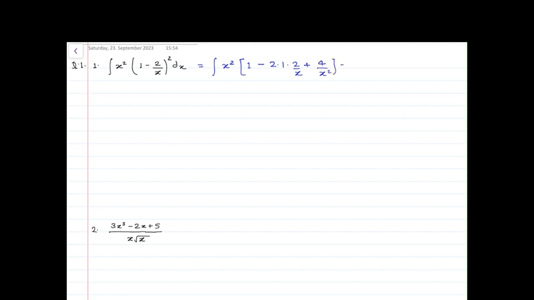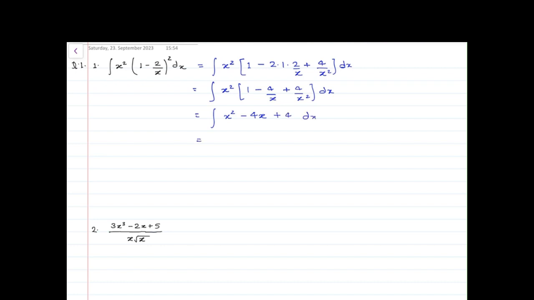So we need to multiply this, x square multiplied by 1 minus 4 upon x plus 4 upon x square into dx. If you open the bracket, it's x square. Now here you will get minus 4x because x square and x will get cut. Then x square gets cut, and we'll get 4.